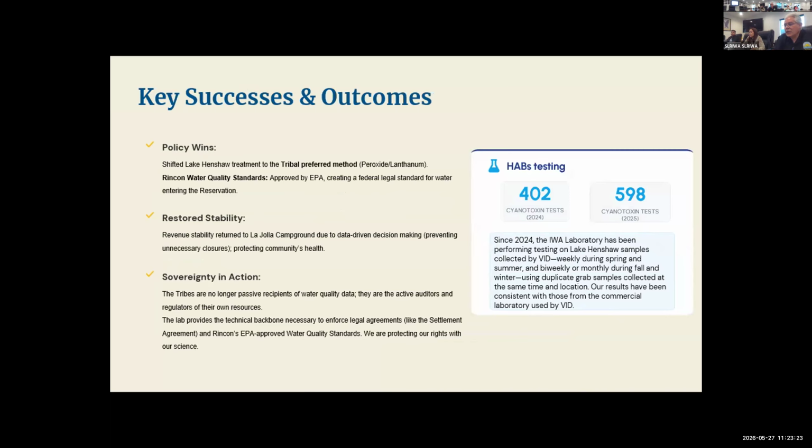Okay, so this shows some of our key successes and outcomes, policy wins. Shifted Lake Henshaw treatment to the tribal preferred method of peroxide and lanthanum. Rincon water quality standards approved by EPA created federally legal standards for water entering the reservation.